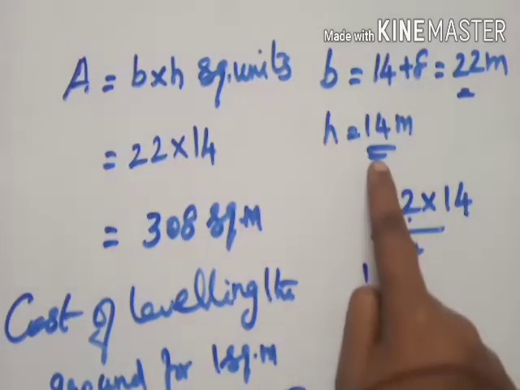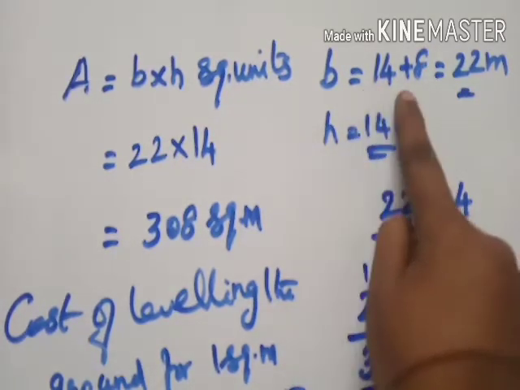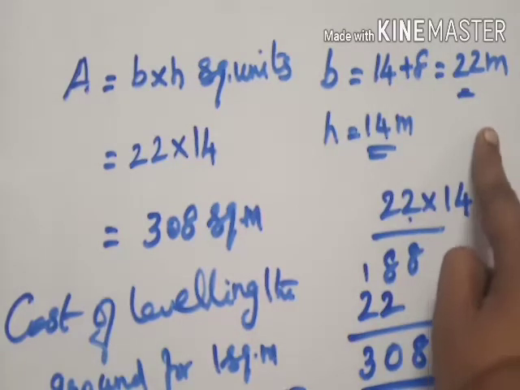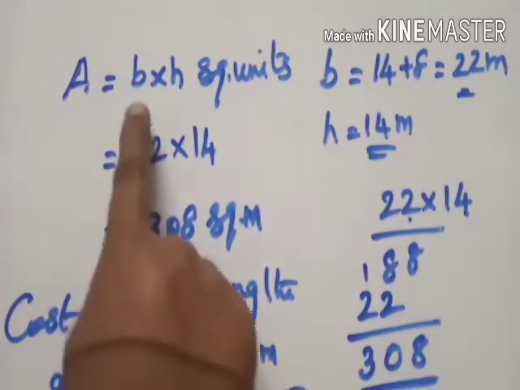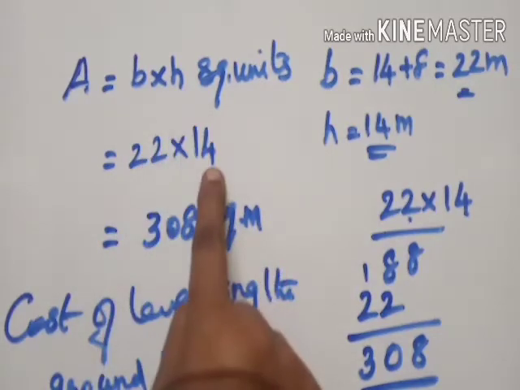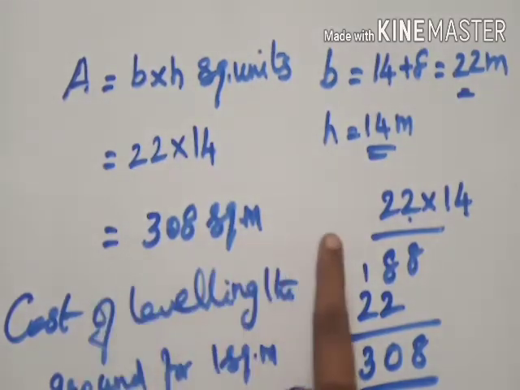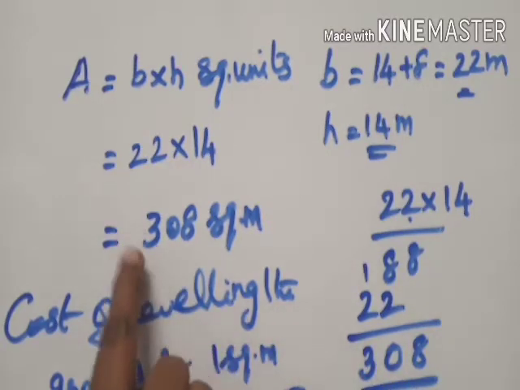Here height is equal to 14 meter. So 14 plus 8 is equal to 22 meter. Now area is equal to base 22 into height 14, that is 308. So the area of the parallelogram is equal to 308 square meter.